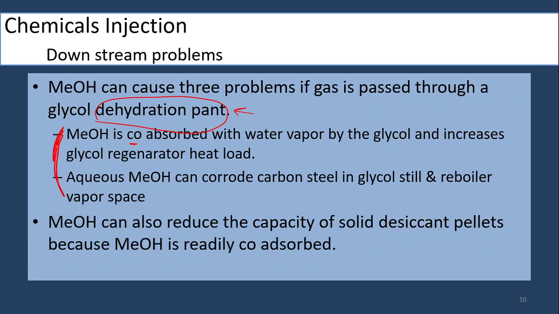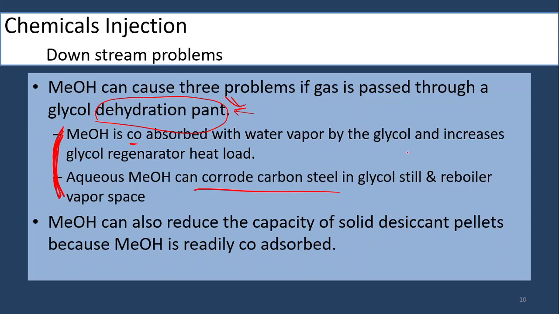These are the main problems when methanol is injected in the natural gas. When the methanol is not required at the earlier stages, it is basically still available in the natural gas, and when we go for the dehydration plants, this methanol can corrode the carbon steel in the glycol steel and reboiler, number one.